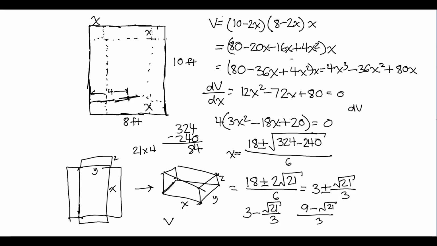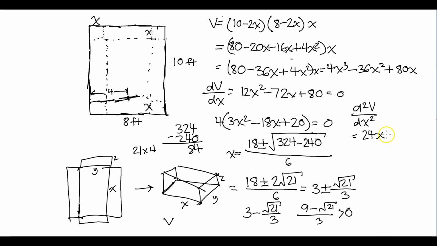You can simply use the second derivative test, since that's usually the quickest. So the second derivative equals 24x minus 72. And this we know is greater than 0, because the square root of 21 is less than the square root of 81, which is 9, so we know it's going to be positive.